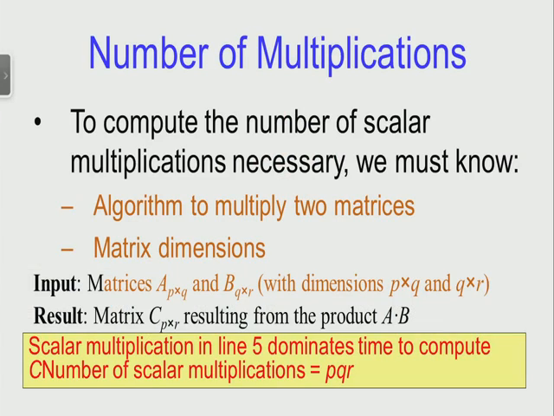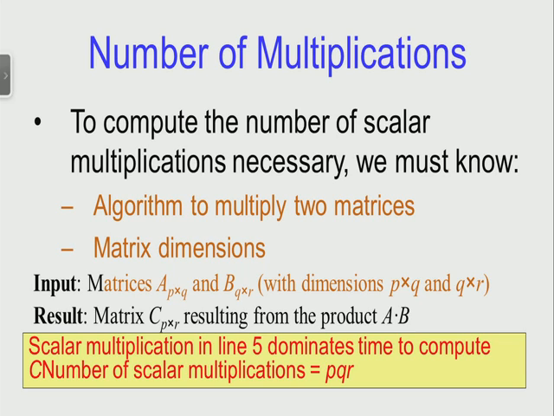To do this, let us understand the number of multiplications required to multiply 2 matrices. In this case, let us assume that the matrix dimensions are given. The 2 matrices are A, which is a P by Q matrix, and B, which is a Q by R matrix. We know that the result is a P by R matrix, and let us call this result matrix the matrix C.